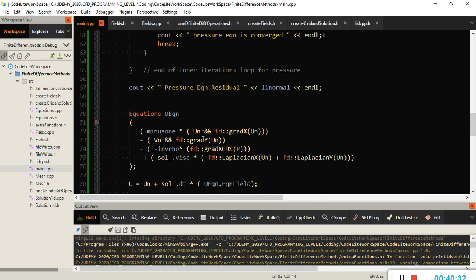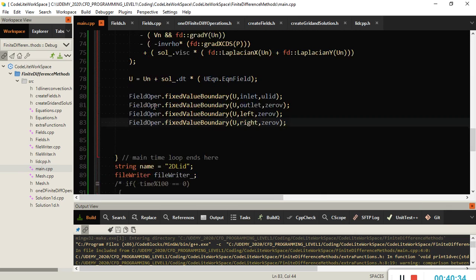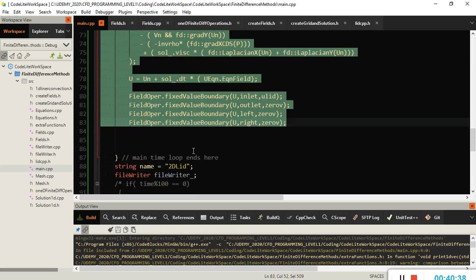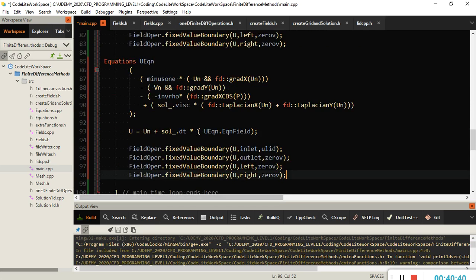Okay, so our u momentum equation is done at this stage, and we can copy the entire thing and write the v momentum equation easily, because the only terms that are changing are that the gradient should be taken with respect to v velocity, the gradient of pressure will be taken in the y direction, and the Laplacian will be taken with v velocity.